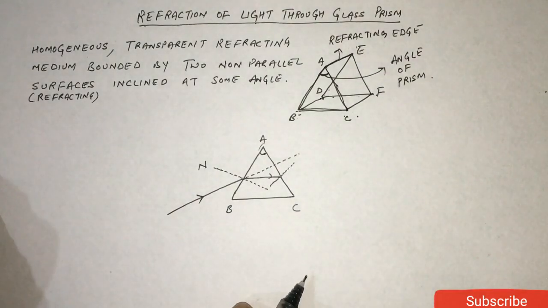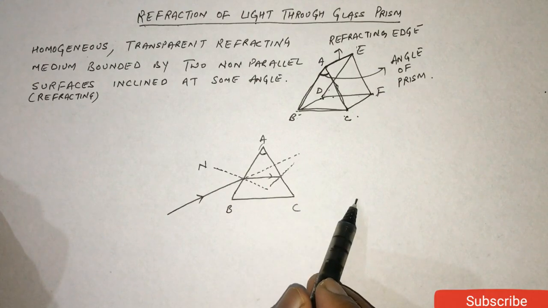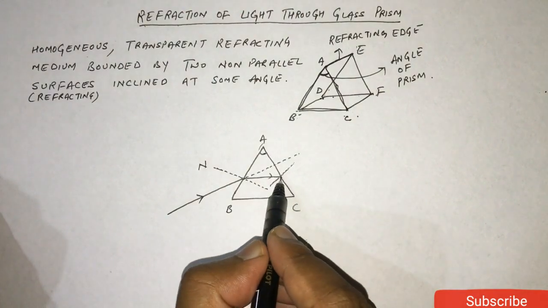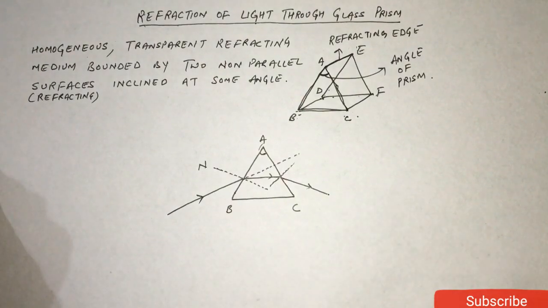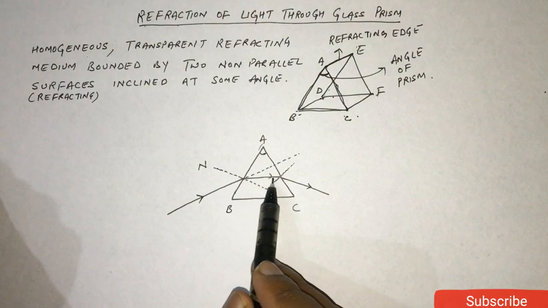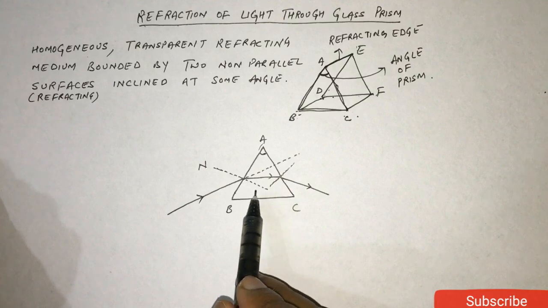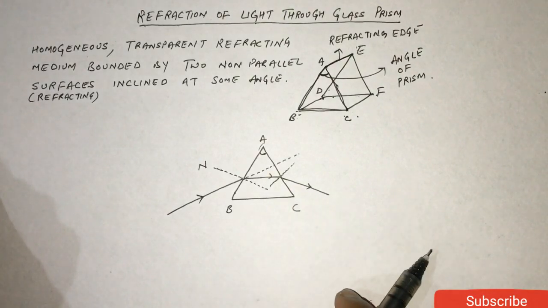Clear? Now light ray goes from denser medium to rarer medium. Now the light ray will go away from the normal. Fine, we have to remember the rules of refraction. If a light ray goes from rarer medium to denser medium, it bends towards the normal, and if the light ray goes from denser medium to rarer medium, it bends away from the normal. Clear?